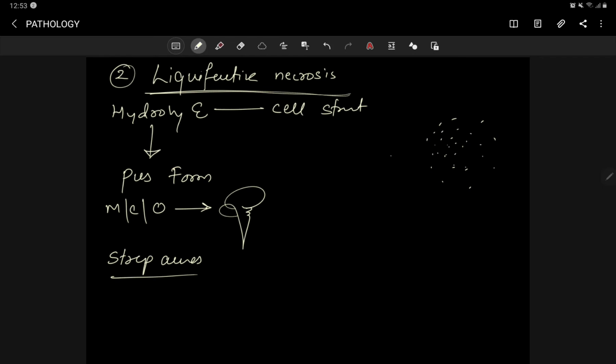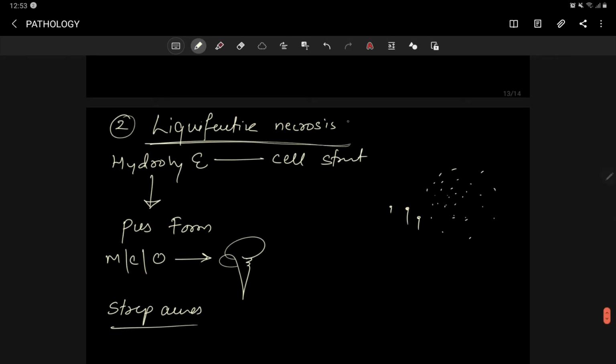There will be no cell body and axon like that, as there should be in normal tissue. But in liquefactive necrosis it's not like that. Due to this condition, it is also known as colliquative necrosis. Okay, this is also known as colliquative necrosis.